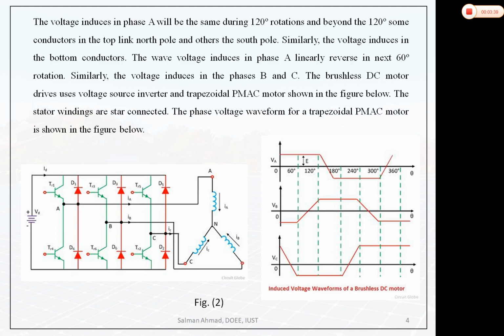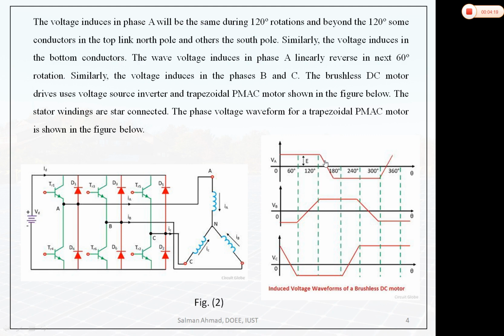You can see here that the voltage induced in phase A will be the same during 120-degree rotation, while the top-layer conductors are under the north pole and the bottom conductors are under the south pole. Similarly, the voltage induced in phase A linearly reverses in the next 60-degree rotation. Similarly for the voltages induced in phases B and C. If the north pole is occupying the stator winding conductors of phase A, we get a positive voltage, which is constant.